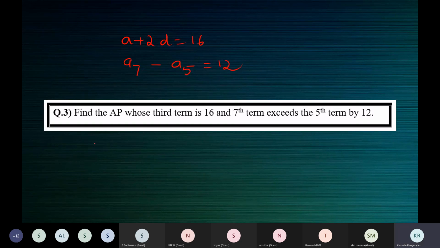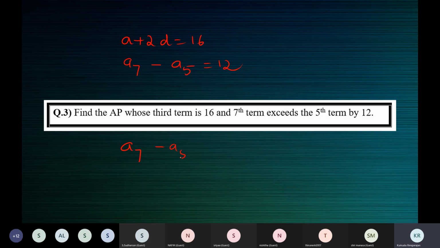The seventh term is more, the fifth term is less. That means the difference between these two terms is 12.